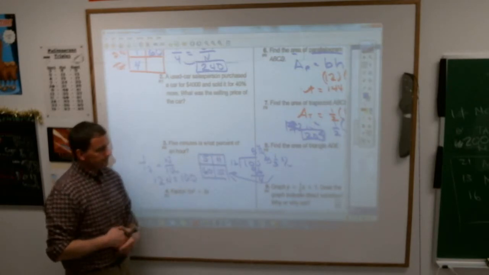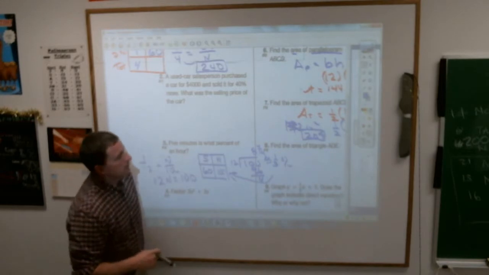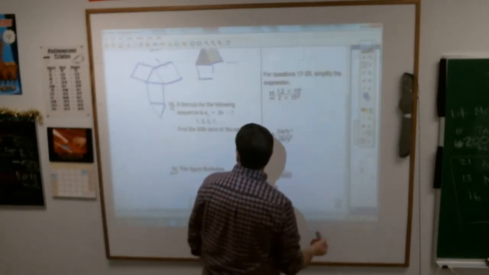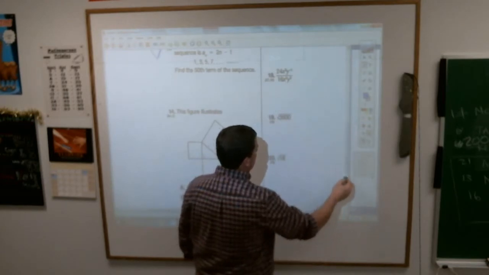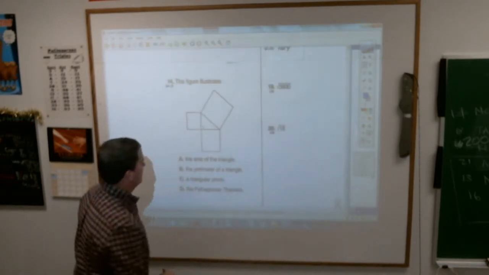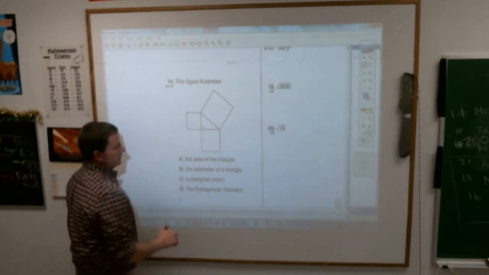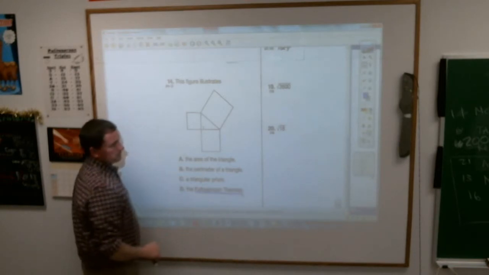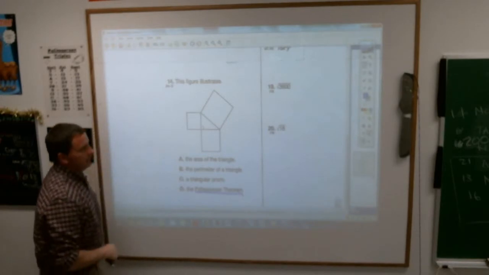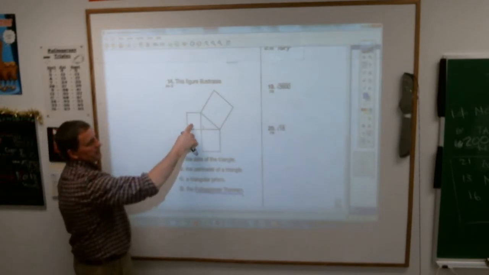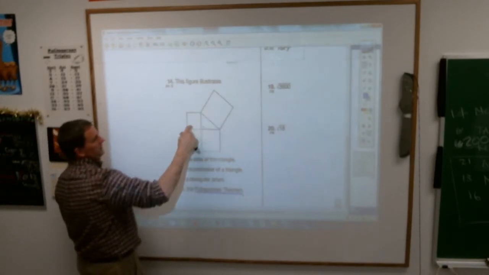Great. I don't understand number 14. 14 children. You know what? We'll skip 14. 14 is the Pythagorean theorem, because if you took any triangle that they did there and took a squared plus b squared, you'll always get that c squared thing.